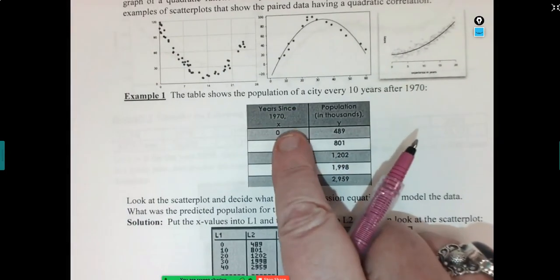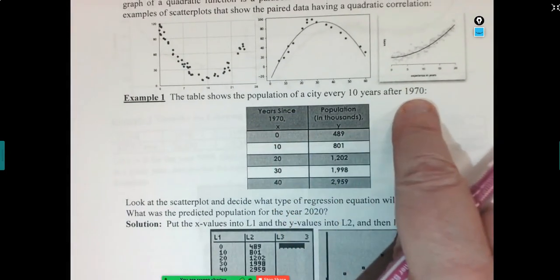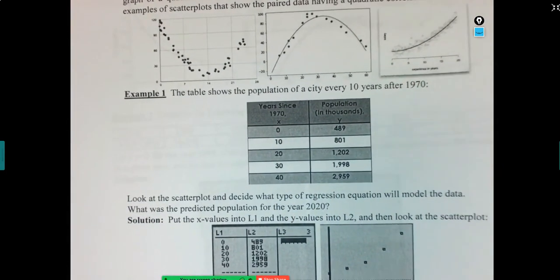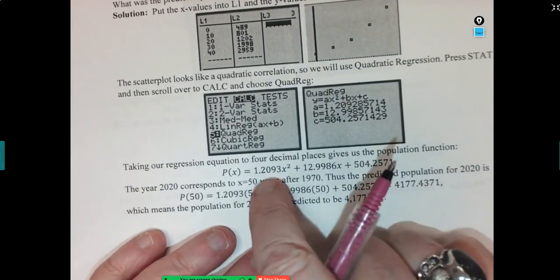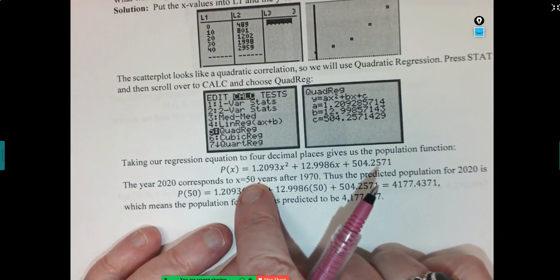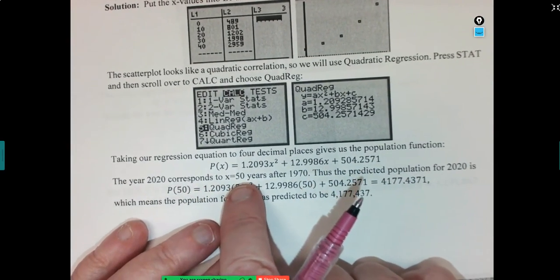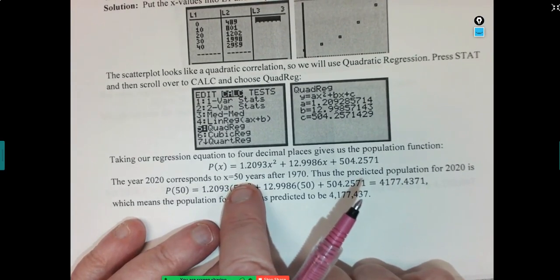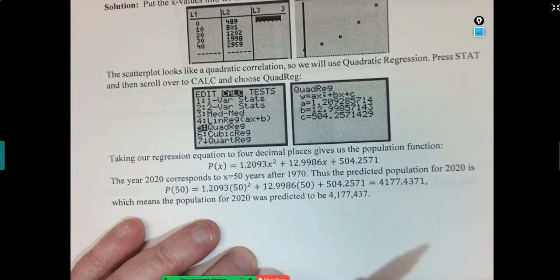The x values are the number of years after 1970. So if I take 2020 and subtract 1970 from it, that's where I get the 50. So the year 2020 corresponds to x equal to 50 years after 1970.